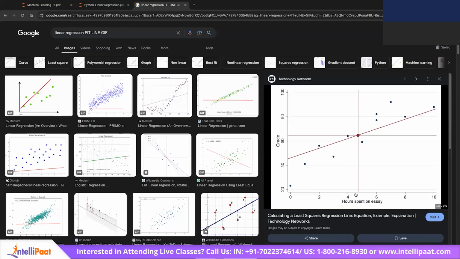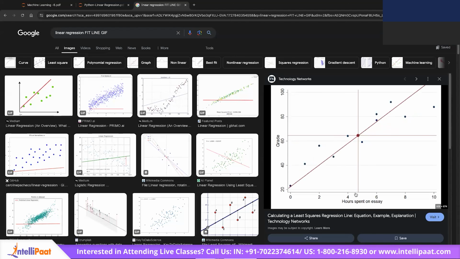We took the red line. On that point, are we rotating the line that we just calculated, y equals mx plus c? When we do that rotation, isn't it possible that we get the values of multiple different errors? And whichever has the least possible error, that line is the best fit line.